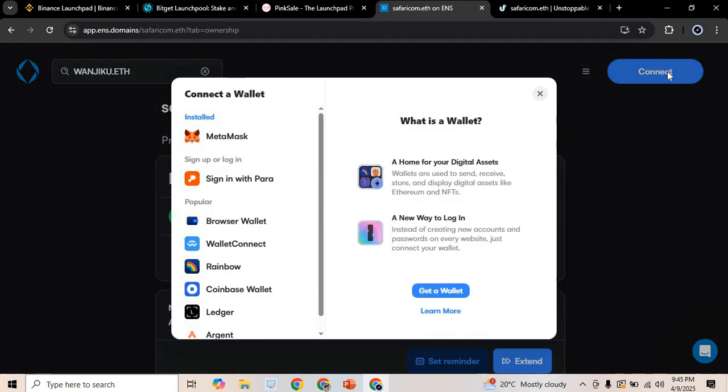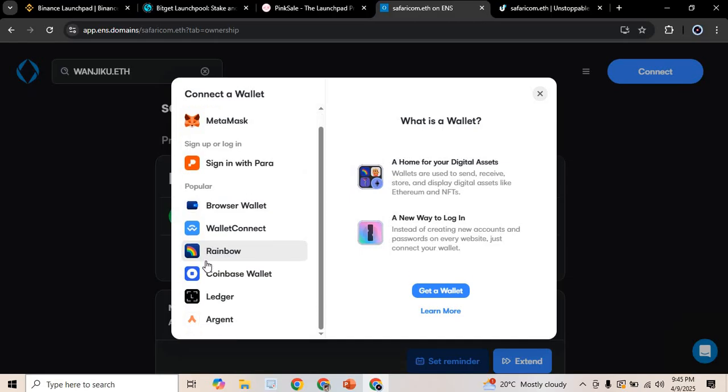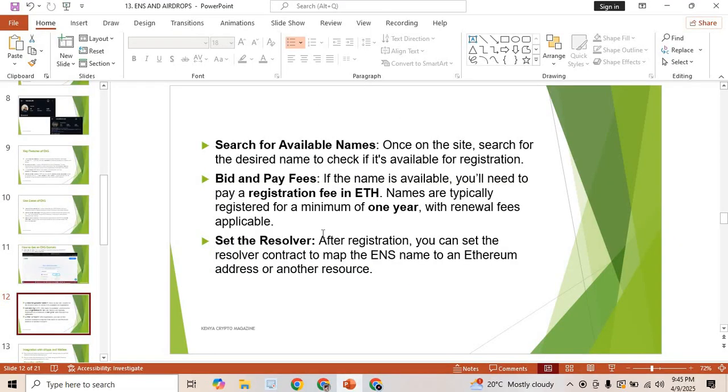Let's see. I have MetaMask here. You can see it reads MetaMask. All those wallets that you've put in your desktop, connect to that and buy those addresses using those domain names using Ethereum. Number 3 is set the resolver. After registration, you can set the resolver contract to map the ENS name to the Ethereum address or another source.